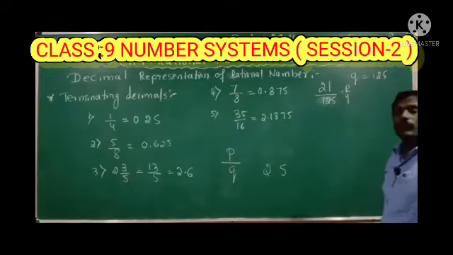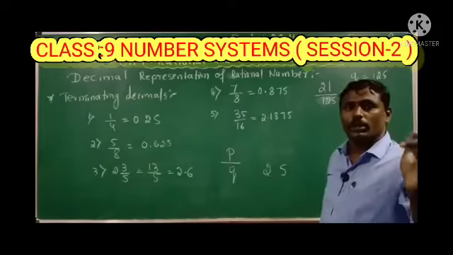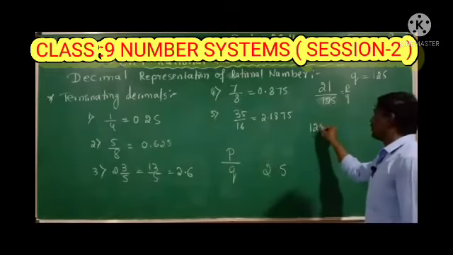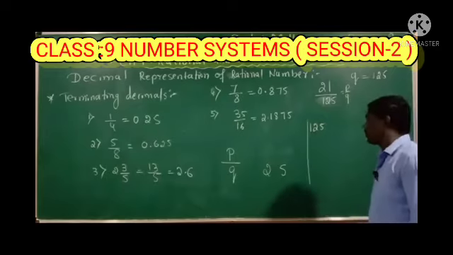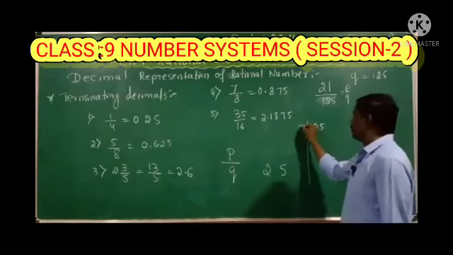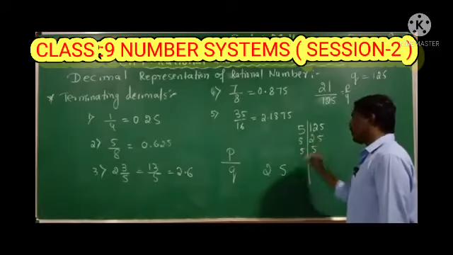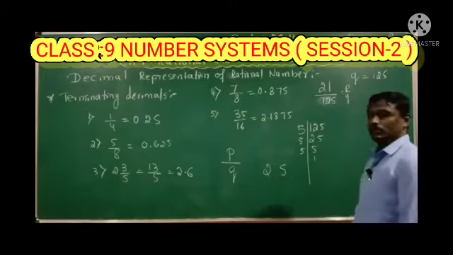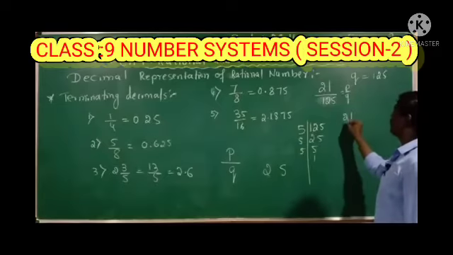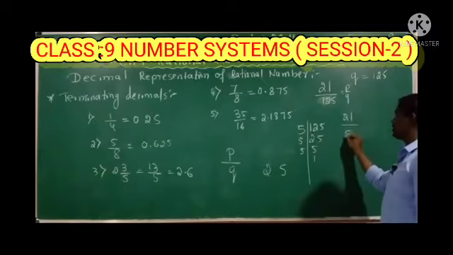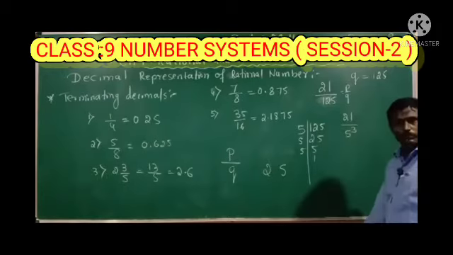We need to factorize 125 with the help of prime numbers. 5 25s are 125, 5 5s are 25, 5 1s are 5. So 21 by 125 can also be written with denominator 5 cubed.